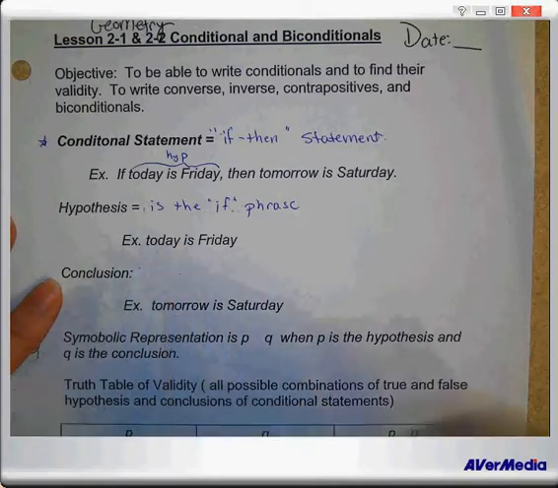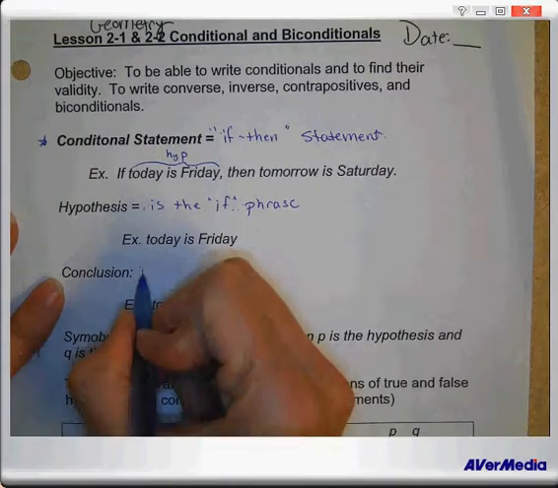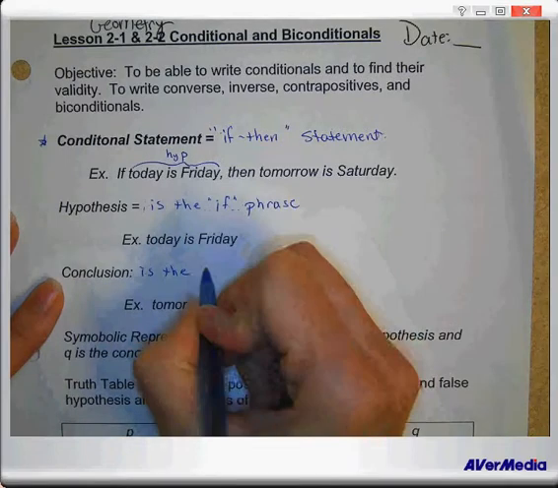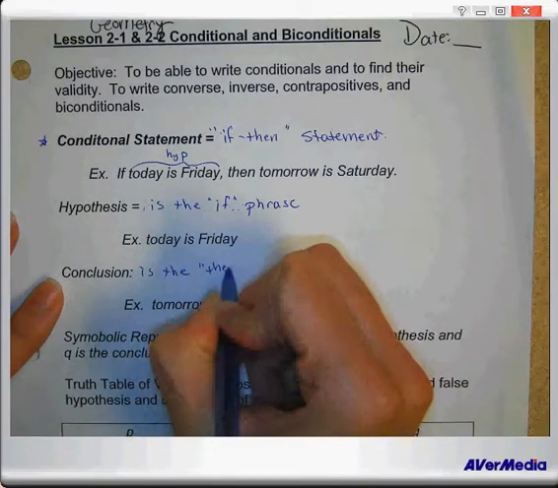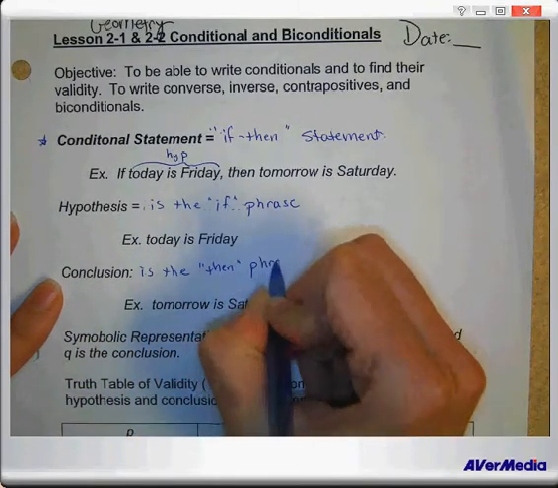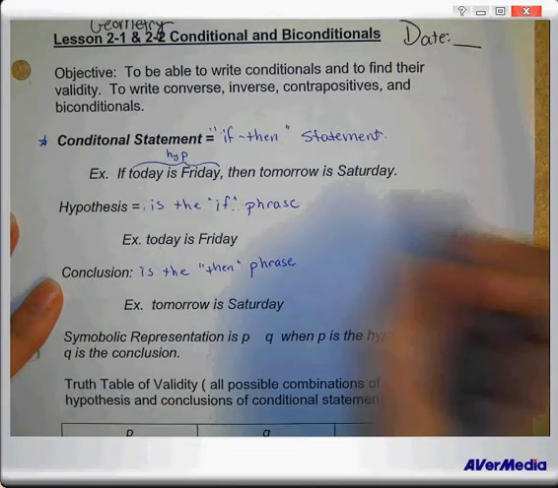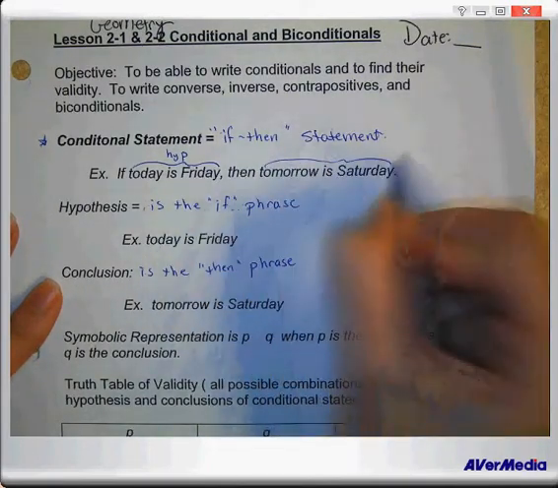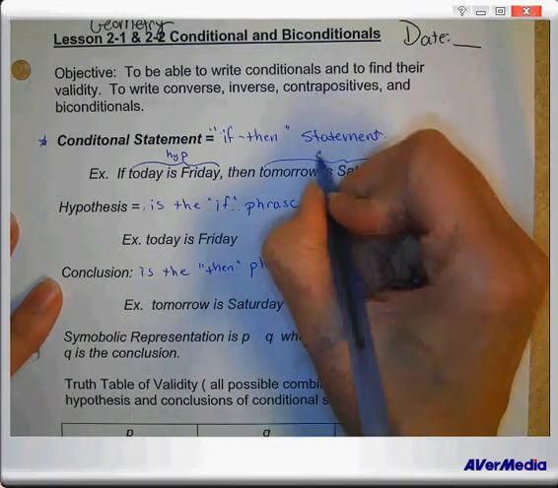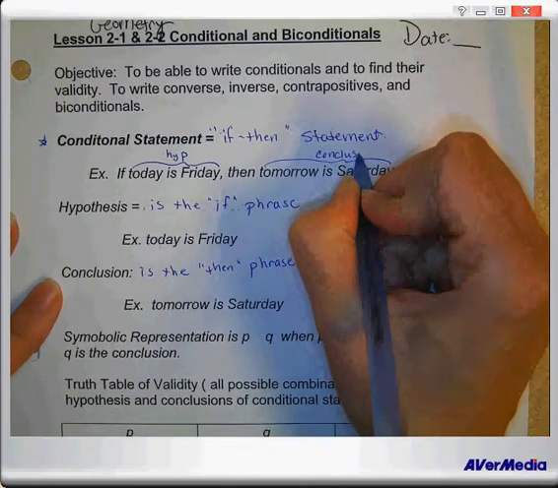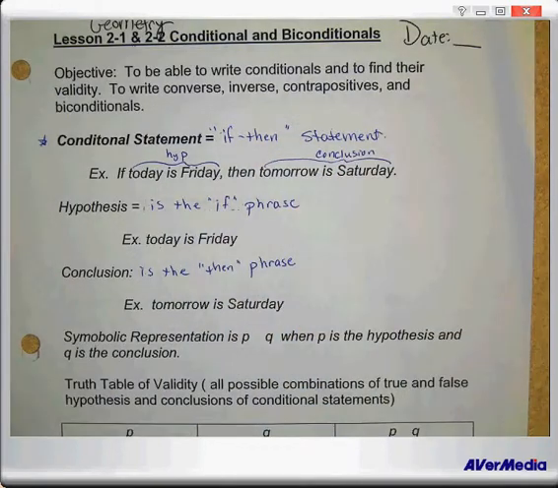And then we have our conclusion, which is the then phrase. It's what we end up with. It's after the then, and that's your conclusion. Tomorrow is Saturday.